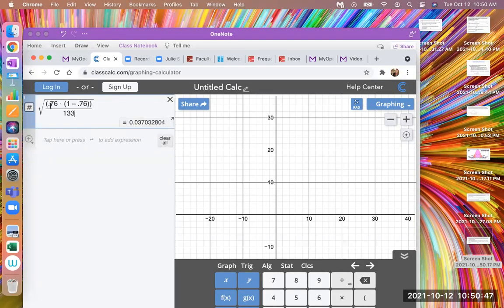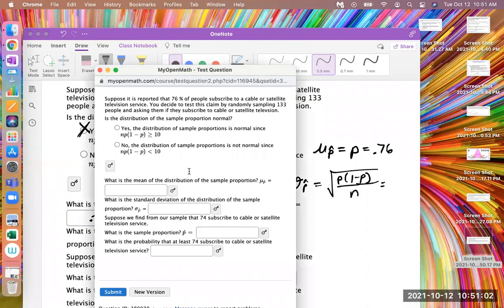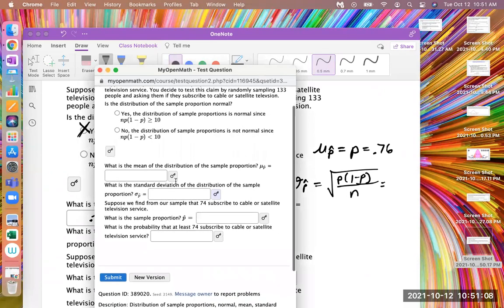Do you see that this is the p times 1 minus p all over n? And that's my answer, 0.037. That's exactly what they want for that one. The 0.76 was what they wanted above, and the yes is what they wanted there.